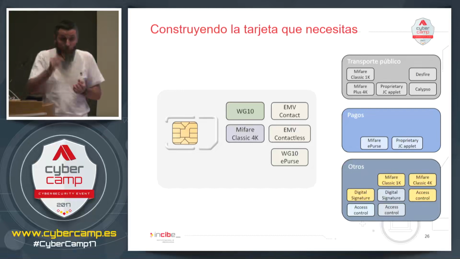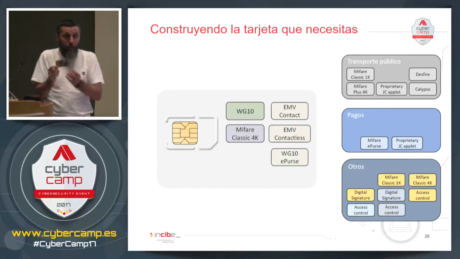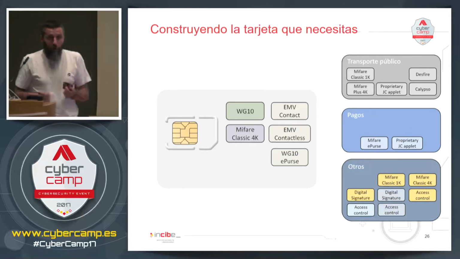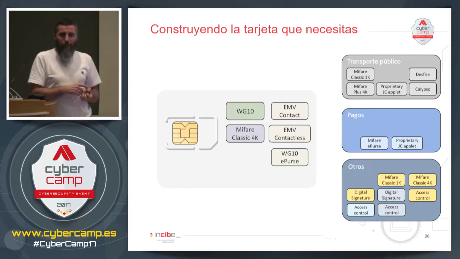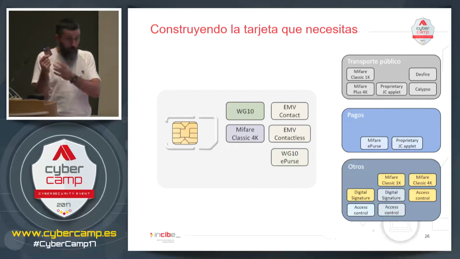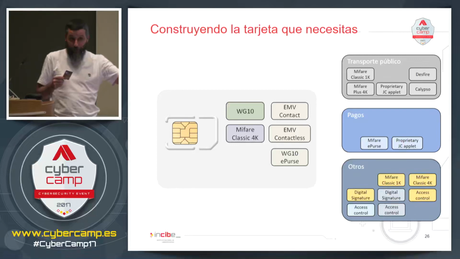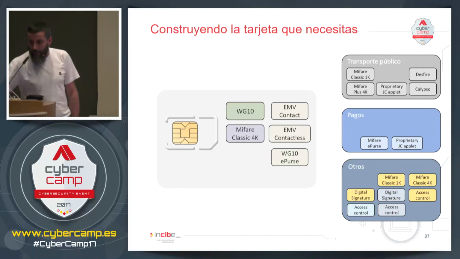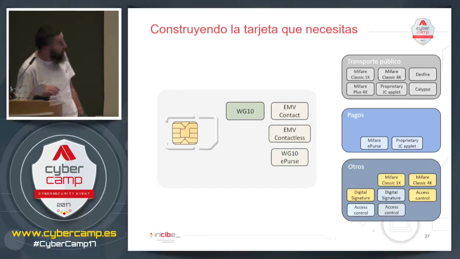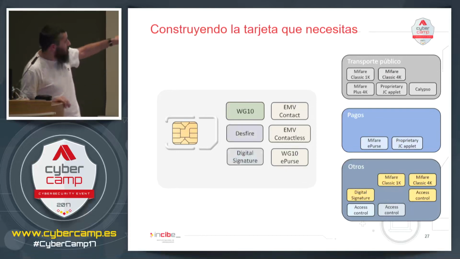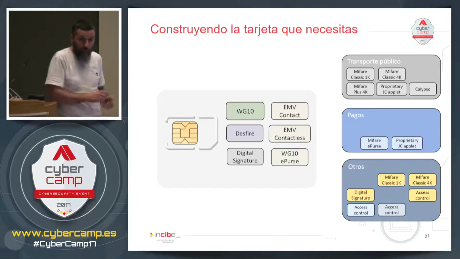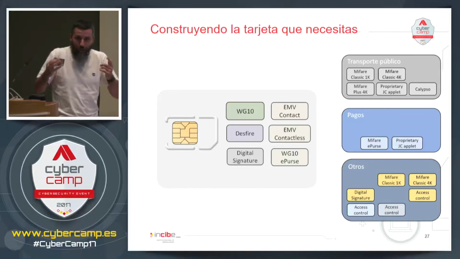I go to that university using the same technology, because we are in this Santander University network and they use the same card. So I go to Alcalá University and I say, give me another card, I want your applications. This card has a cost and I would have to pay again. But if I have multi-applications, I can say, I'll go there because they don't use MIFARE 4K, but they use DESFire. In my university, I didn't have the electronic signature. In Alcalá, they use it, so I can include it.